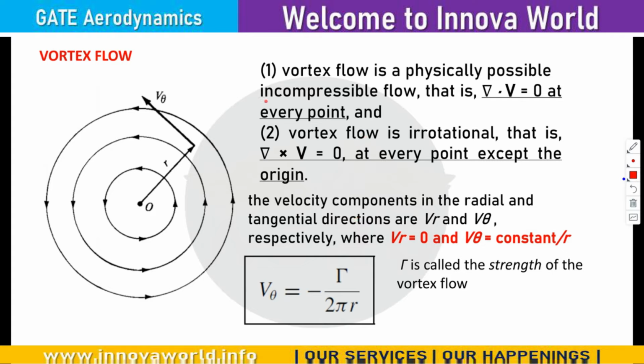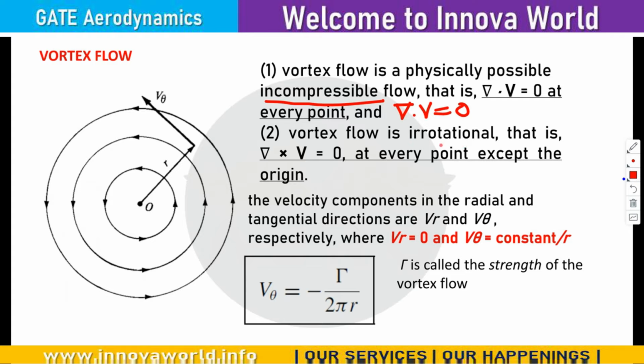In this vortex flow, it is possible for the flow to be incompressible at every point, that means del dot V has to be 0 at each and every point, starting from the O point and as it moves radially outwards.